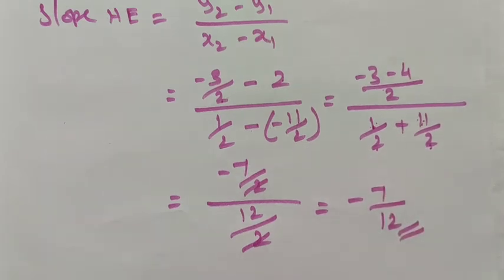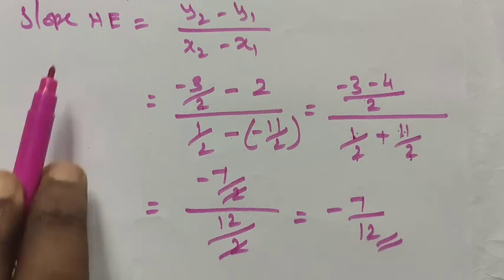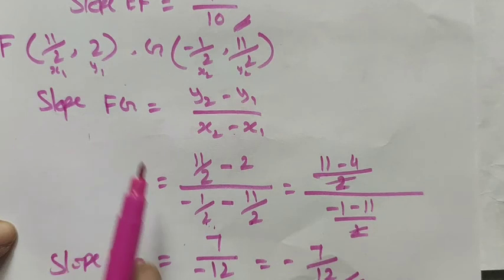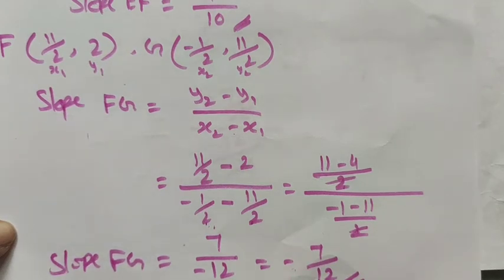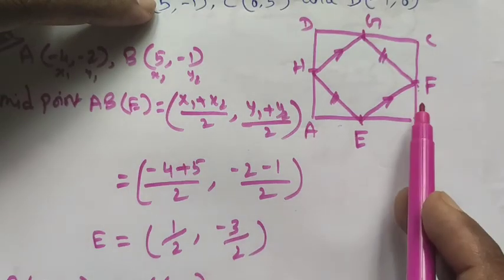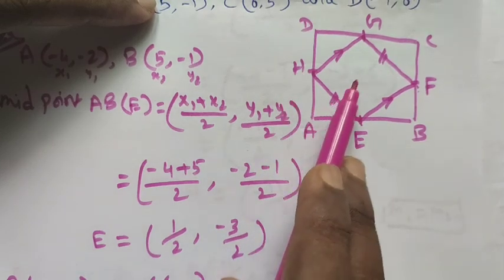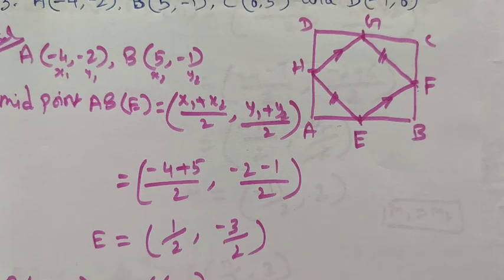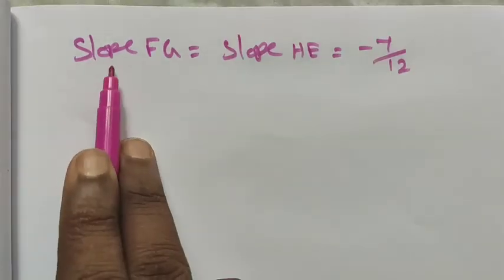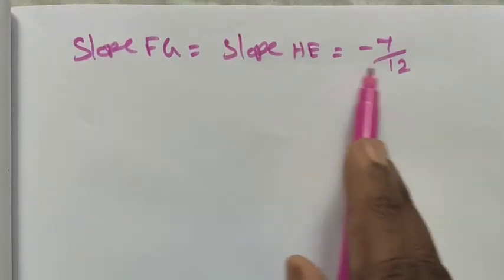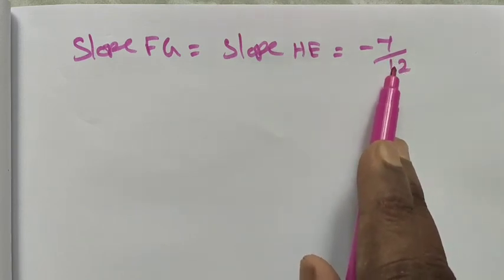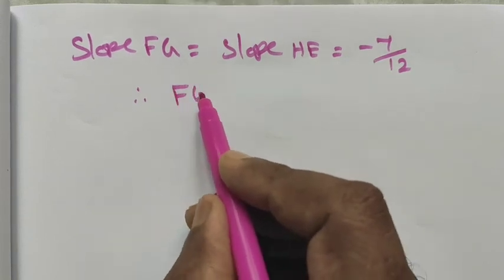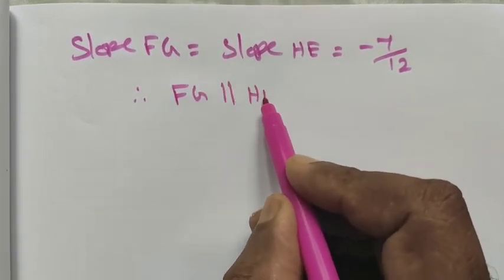Now compare all the slopes. The slope of HE is minus 7 divided by 12, and the slope of FG is also minus 7 divided by 12. By that condition we can say that slope FG is equal to slope HE, both having the same value. Therefore the line FG is parallel to HE.